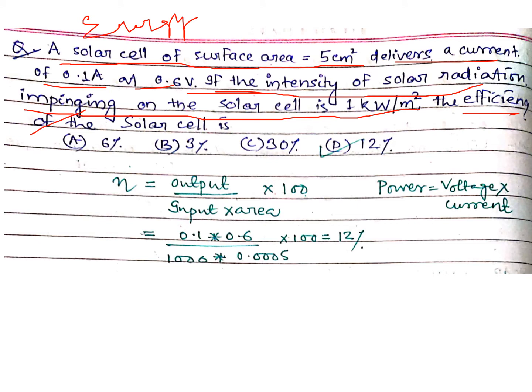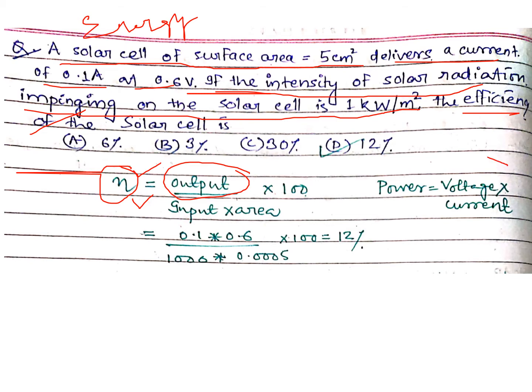So again there is a question on solar cell efficiency. The same formula we will apply: the power output divided by the power input. In efficiency we always write the power output divided by power in. Here the output term is regarded as the solar cell power.